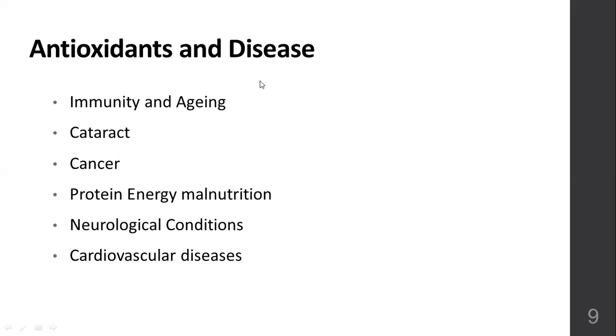Vitamin C will reduce the risk of GI tract cancer, cervical cancer, cardiovascular diseases as well. Vitamin E can reduce the risk of oral cancers, pharyngeal cancer. Selenium can reduce the risk of esophageal and stomach cancer. These associations are found.